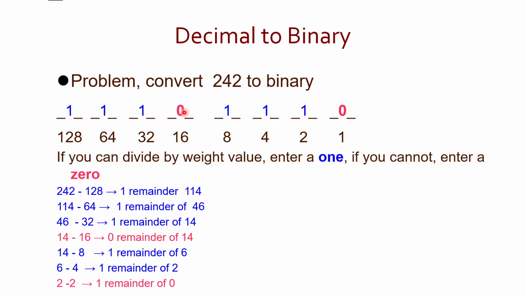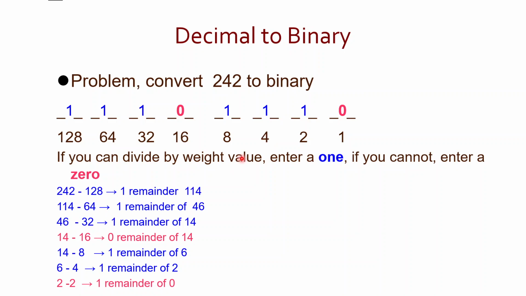And then we look at the next one, which is 8. So now we still had the 14 left. So 14 minus 8, that does give me a positive result, right, with a remainder of 6. So that gives me a 1 here. And so I have a remainder of 6.